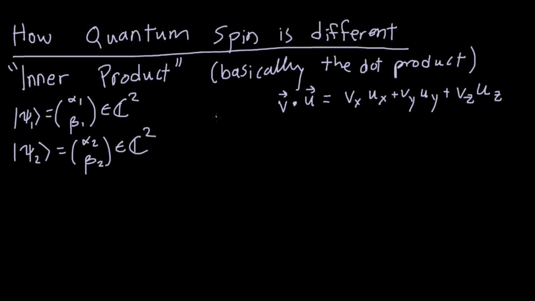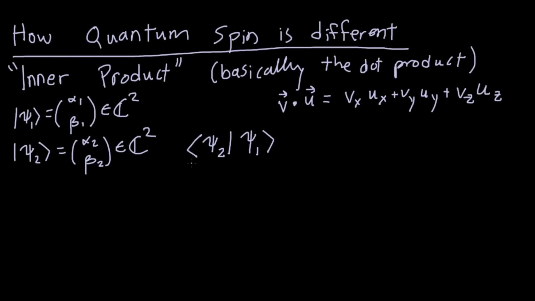Now, the way that you write the dot product here is not like that. I'm not even going to keep that on the screen because it's just so wrong. How you write it is as follows. It's kind of spiffy notation, but you flip one of the brackets and you put them together like this.